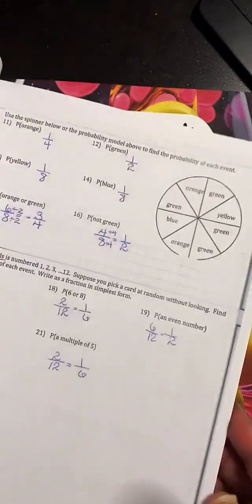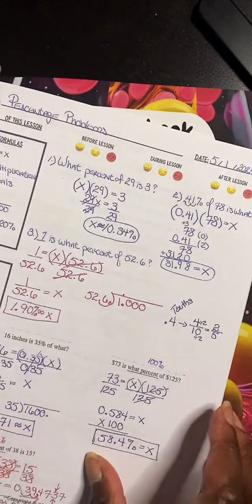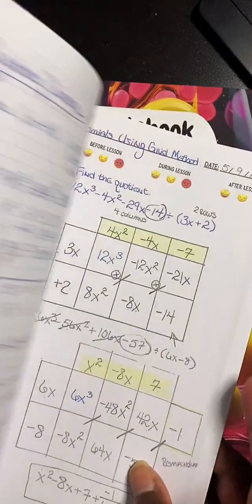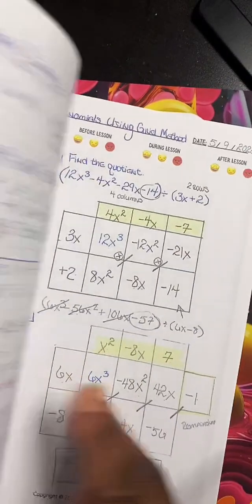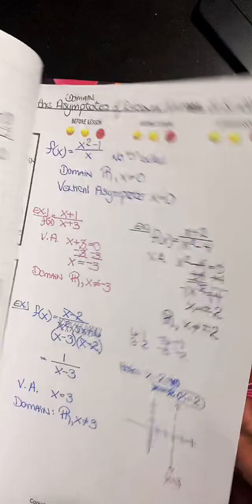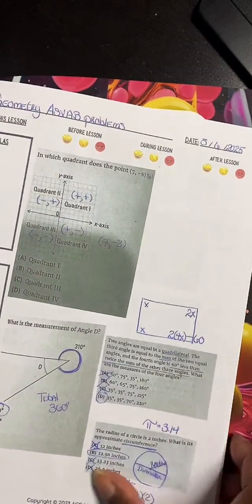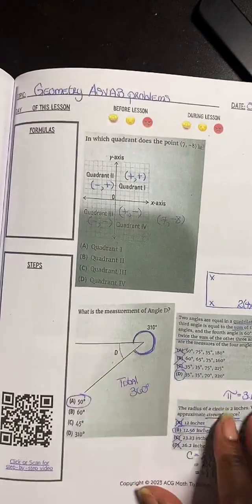Someone asked me about 4-point questions. It's in here too somewhere. Dividing polynomials. I know there's going to be adding, subtracting, and multiplying polynomials. So it's always like a nice little mixture. Oh, here. So geometry for the ASVAB. I had a little bit of something like that.